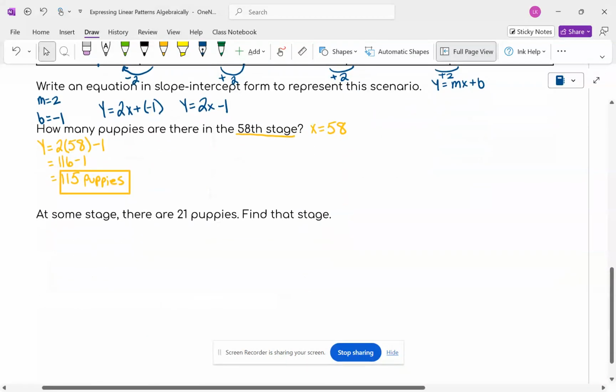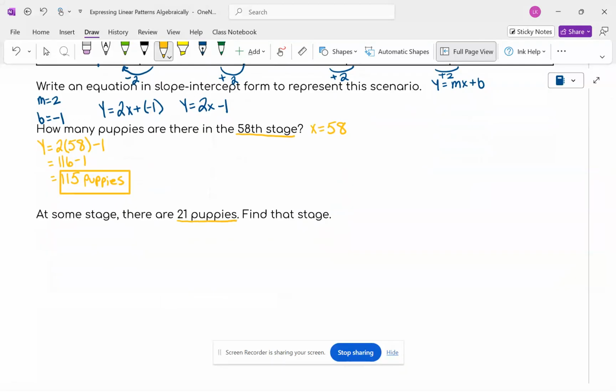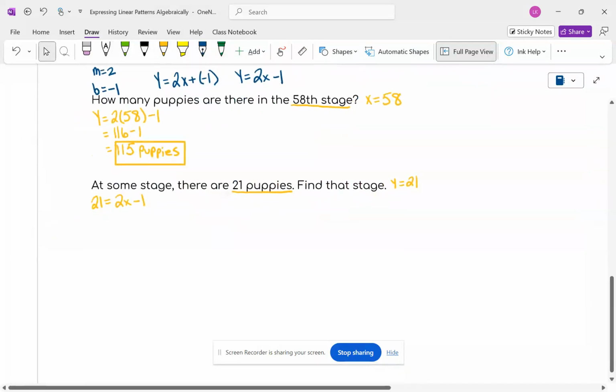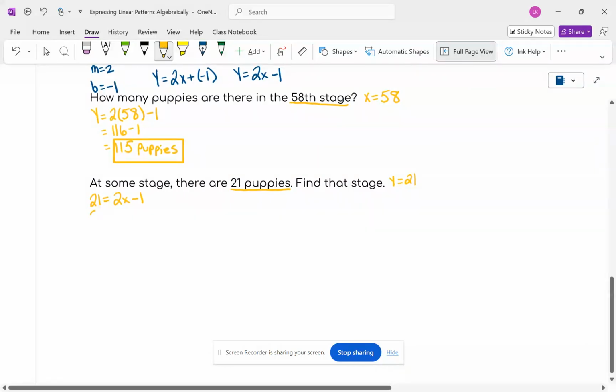Then it says in some stage there are 21 puppies, and we need to find that stage. So 21 puppies here, that's saying, what's happening when y equals 21? And then we need to solve for x. We're going to say that 21 equals 2x minus 1. And from here, we're just going to solve this for x. So we're going to add 1 to both sides.